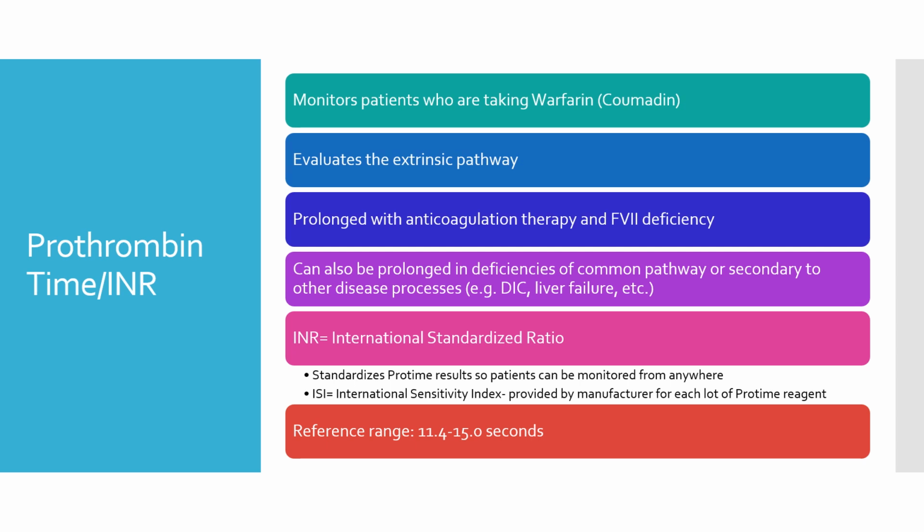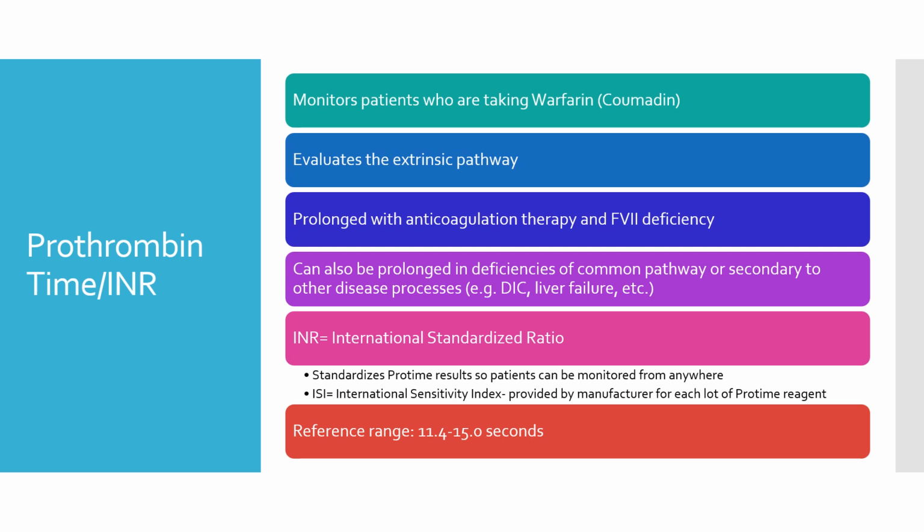So if you go and you have a ProTime done at your hospital or your local clinic, and then you go on vacation and you have it done in a completely different area where they have different instruments, etc., your ProTime is going to perhaps have some variability, but your INR will still be within the same range. The ISI is an international sensitivity index provided by the manufacturer for each lot of ProTime reagent.